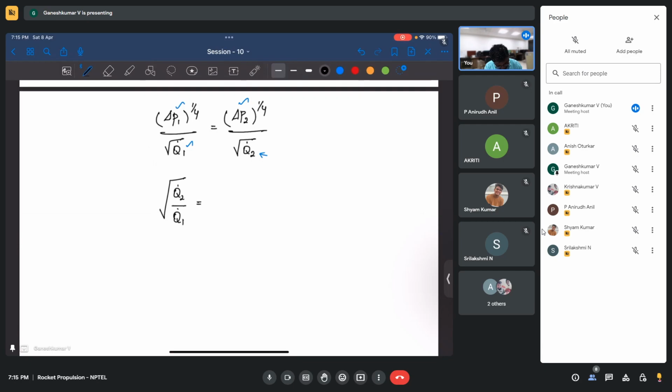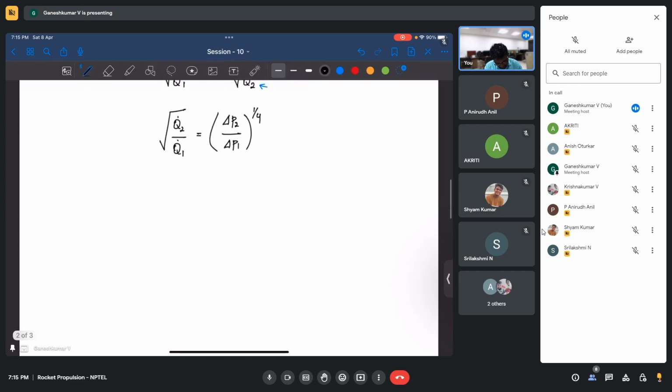So if we try to rearrange this, what happens? Delta P2 by delta P1 is 1 by 4, right? So what we need is to find Q dot 2. What we could do is Q dot 2 by Q dot 1 is equal to delta P2 by delta P1 to the power 1 by 2.